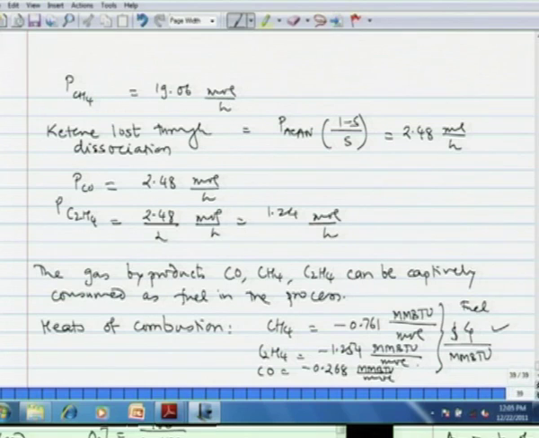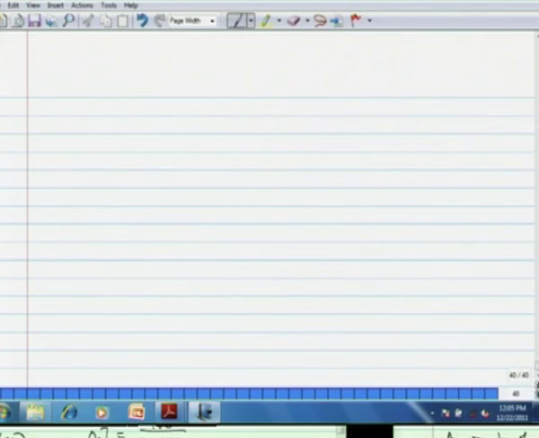Now, given all this information, how can we write the economic potential at level 2, that is the input output structure of the flow sheet?